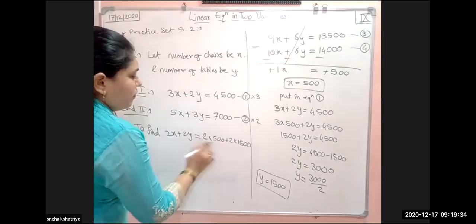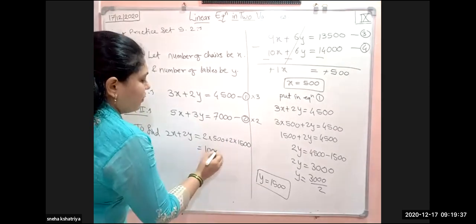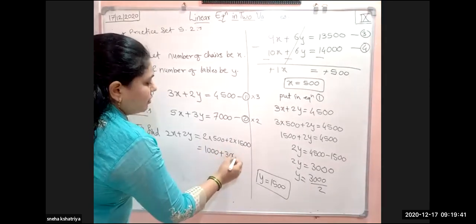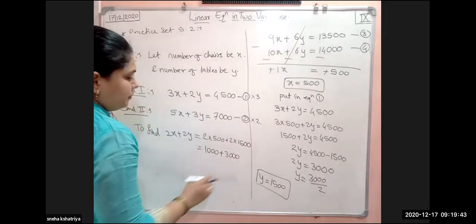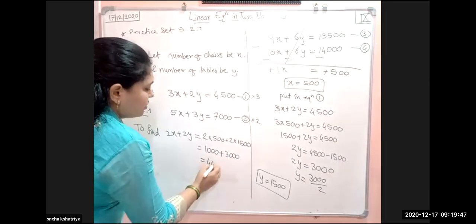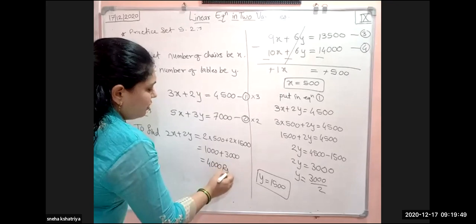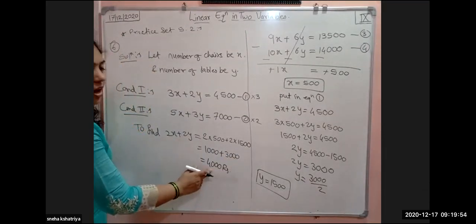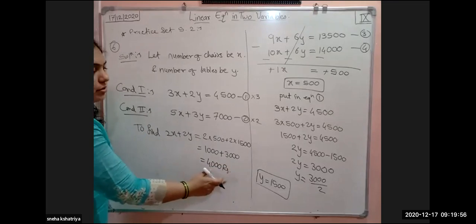Okay, 5 2s are 10, 1000 rupees, plus 15 2s are 30, 3000 rupees. Okay, so 3000 plus 1000 is how much? 4000 rupees. So 2 tables and 2 chairs, how much does it cost? It costs 4000 rupees.